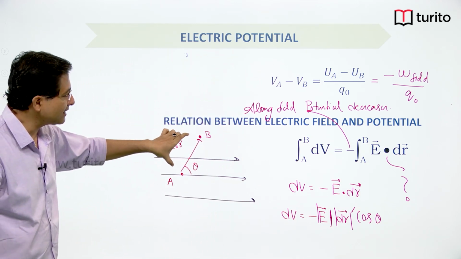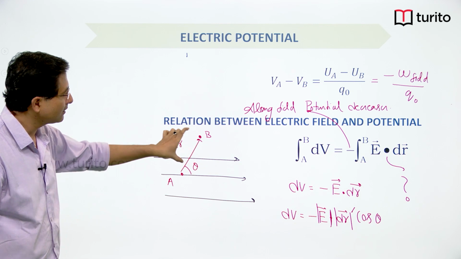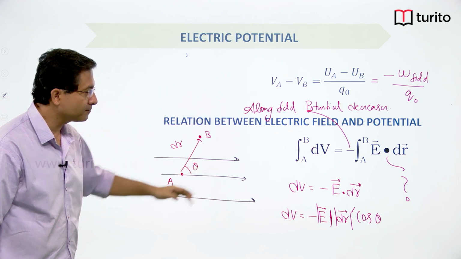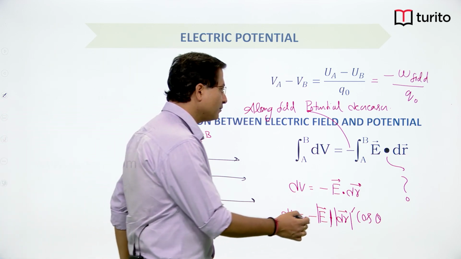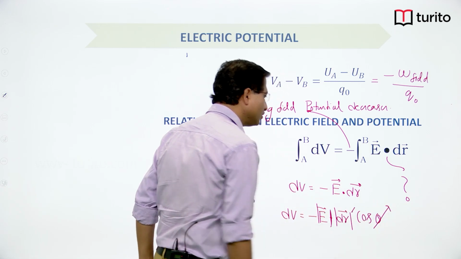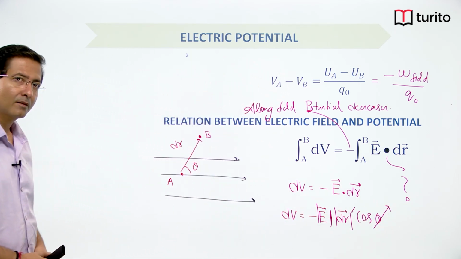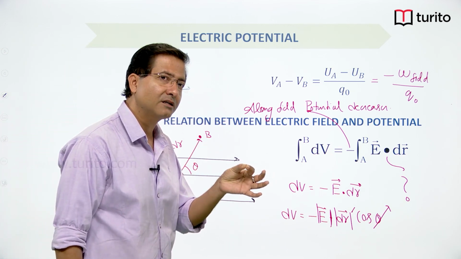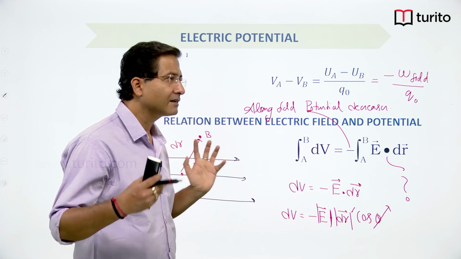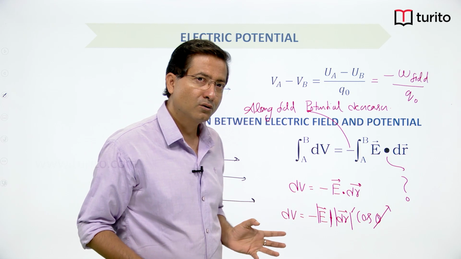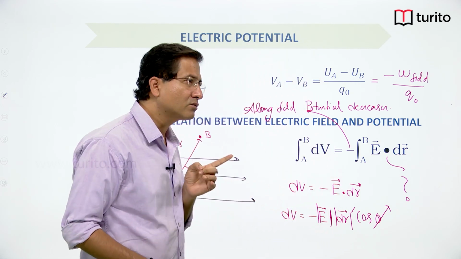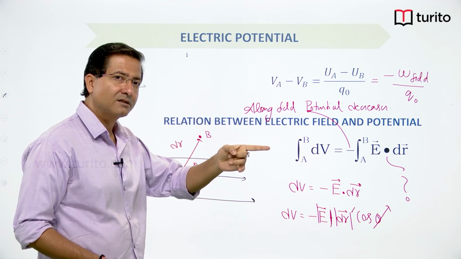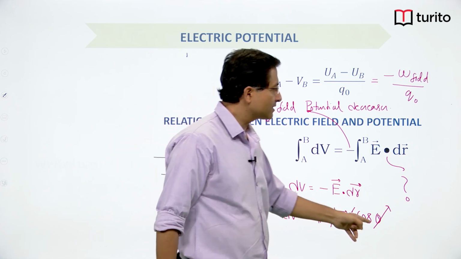So, if you cover the same dr distance in different directions, then you will get the highest difference when you move along the field, because in that case theta will be 0. If I need to get the highest difference while moving 1 centimeter and there is a field in space, I need to select the direction of the field, because in that situation this angle theta will be 0.